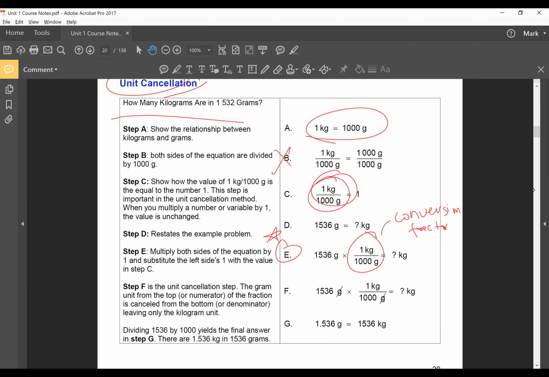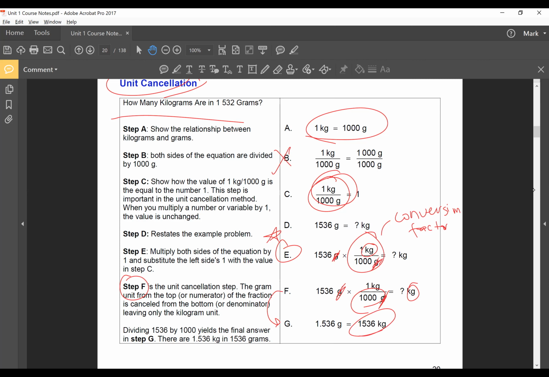What you're looking for is for your units to cancel. When a unit is on the top and bottom of a fraction, we would call this the numerator and denominator. Talk about that later. They cancel. So because the grams cancel, I'm left with kilograms, right? You can see that here in step F. The grams cancel, I'm left with kilograms. So essentially, I'm dividing this number by 1,000 and I get my answer.